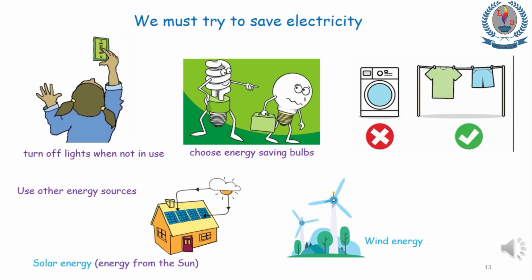Because the usage of electricity keeps increasing, people use other energy sources like solar energy and wind energy. Now tell me, how can we save electricity? By switching off lights that are not in use. Choose machines that use less energy or use other energy sources like solar energy and wind energy.